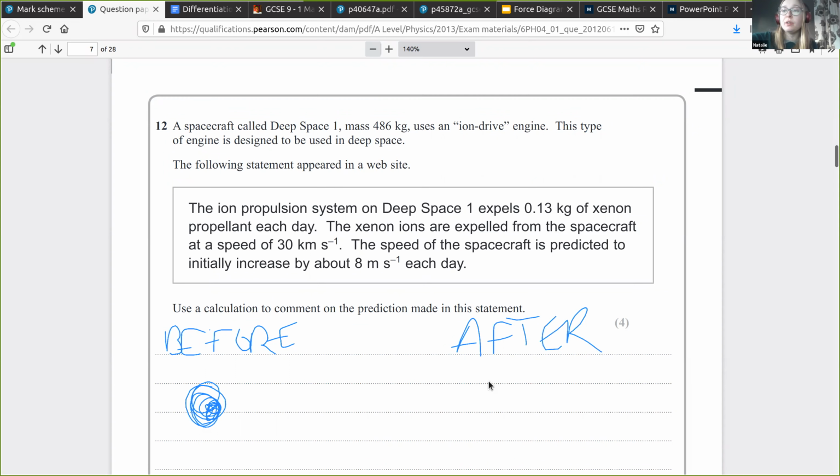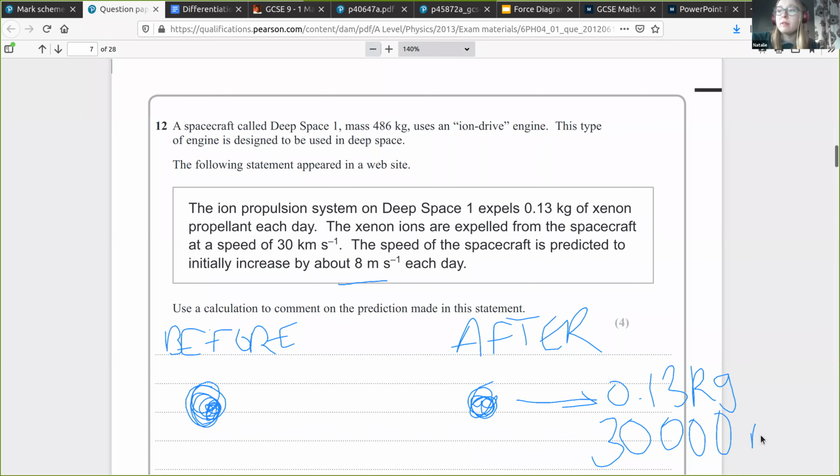In the after scenario, we have our spacecraft, but in this scenario, it is expelling 0.13 kilograms of xenon propellant at a speed of 30 kilometers per second. Now, the speed of the spacecraft is given in meters per second. So what I'm going to do is turn that kilometers per second into meters per second by timesing it by 1,000. So the xenon is moving at 30,000 meters per second.